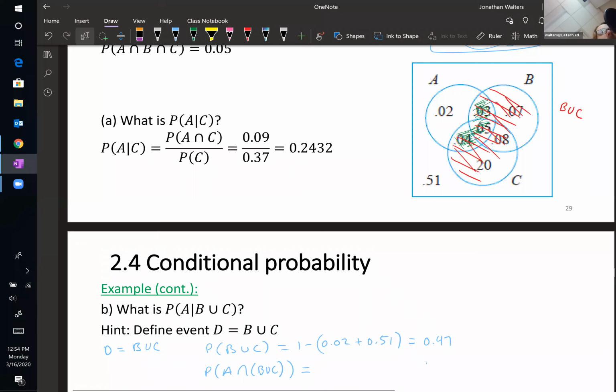Now I have to figure out where A intersects B union C. Well, A intersected with B union C is everything here in green. So everything in green added together is 0.12.